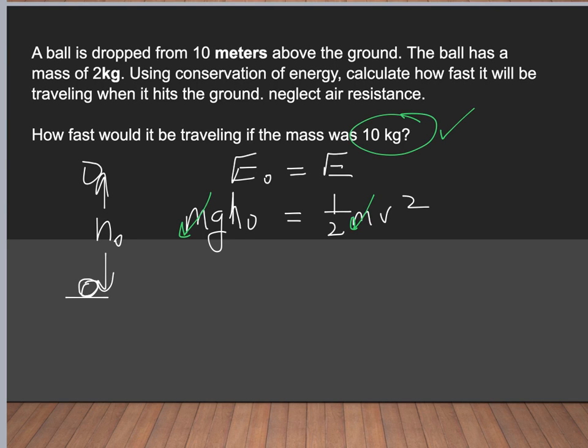So in the second question, the answer is going to be the same as what it is for the first one. Solve for the speed. All right, so we have 2 g h naught. So that's multiplying the 2 over. And that's going to equal v squared. So I'm going to square root both sides.